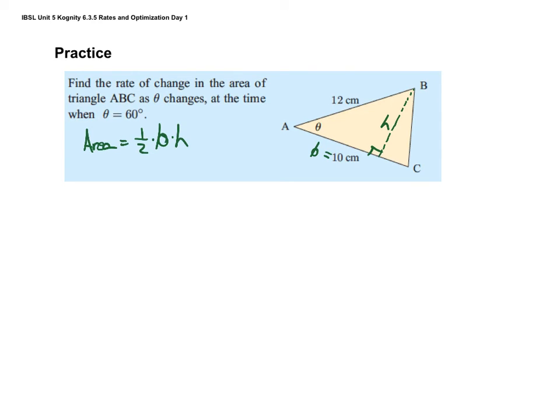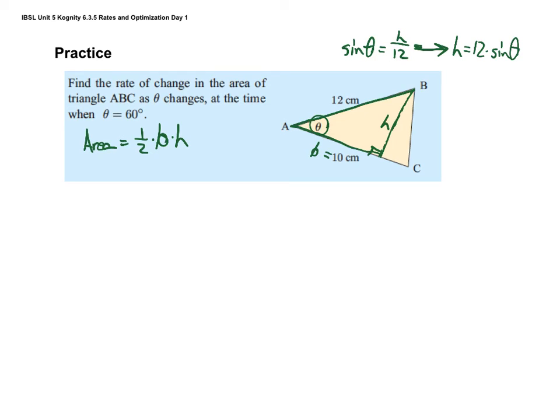Let's look at this right triangle. Assume we know theta and that 12. Sine theta equals h over 12, so h has to be 12 times the sine of theta.